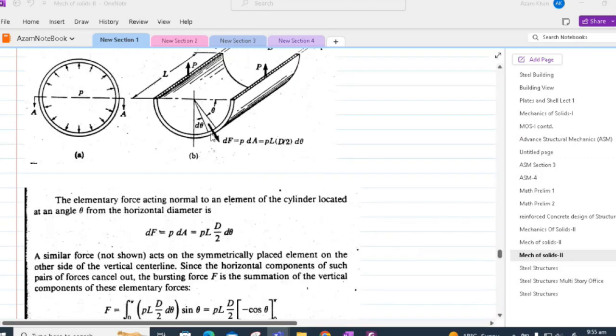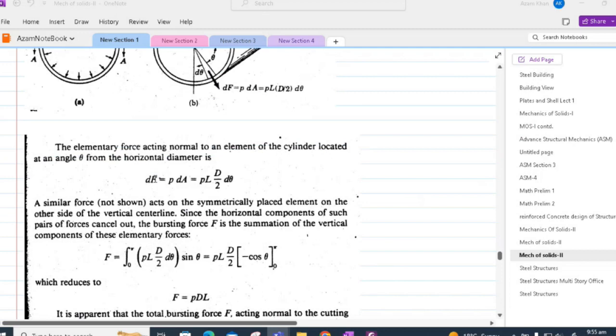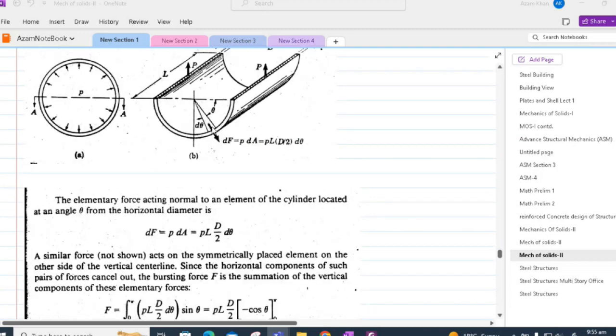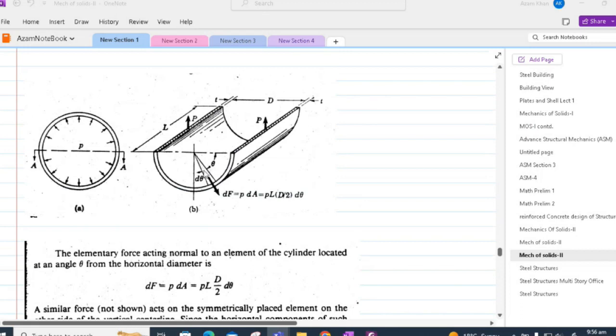Now, this differential force is actually acting all along this semicircle. Hence, we can sum the contribution of all the small differential areas. One thing to remember is that this similar force will act on a symmetrically placed element on the other side of this vertical center line.